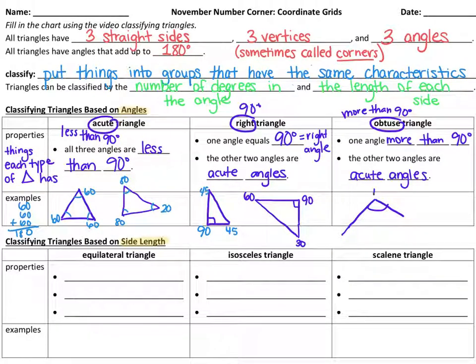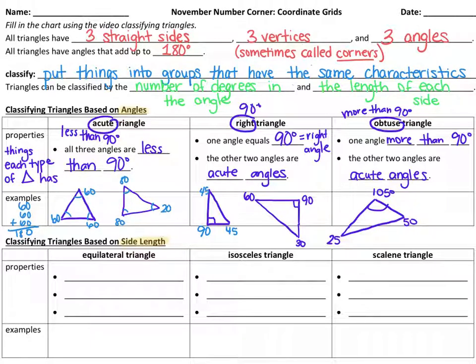We'll say this one is 105 degrees. Then we'll have two acute angles. So this one might be 25 and this one is 50 degrees. We have one angle that is obtuse and two that are acute.